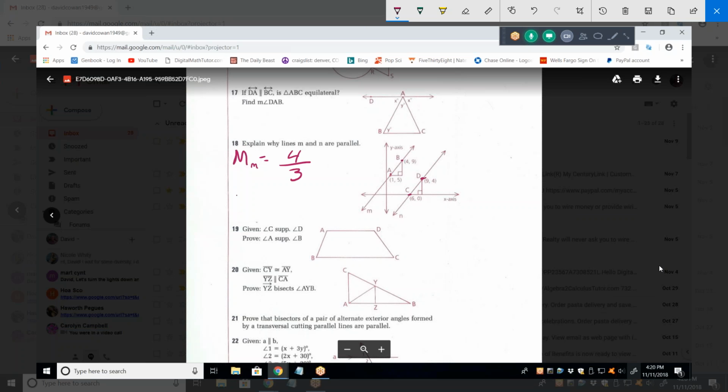And what is the slope of line N? 4 over 3. And that proves they're parallel. And that's all we need. You could get lost trying to prove congruent triangles and parallel lines and angles and everything if you took the wrong path there. Okay, so 22, you said?